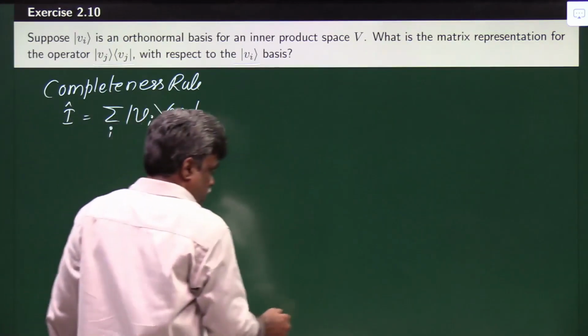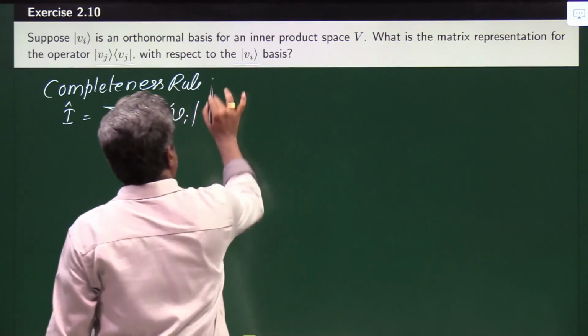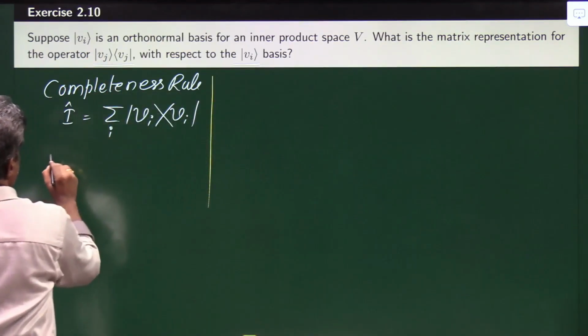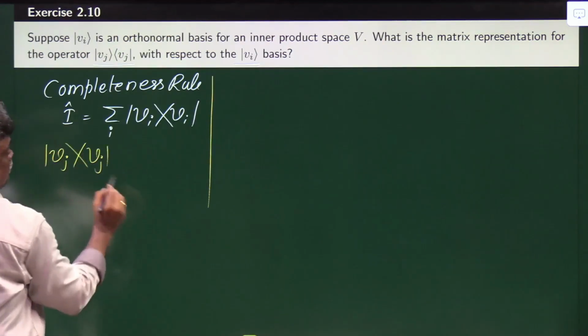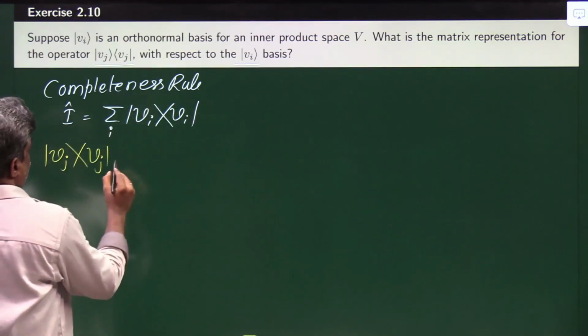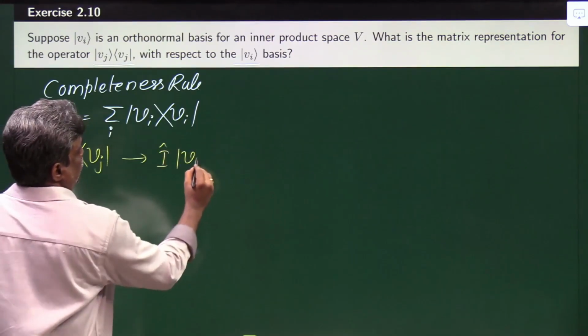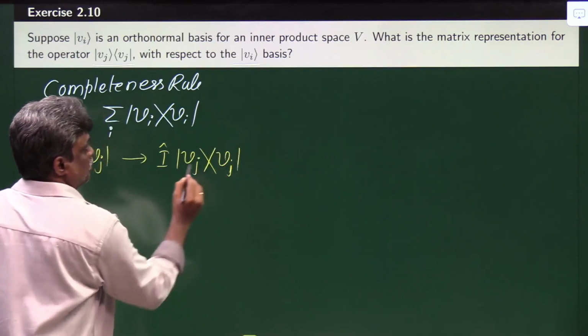Okay, now let's come back to our problem. So here they have given this outer product operator, that is Vj, Vj. Okay, so now we can write this as I Vj, right.